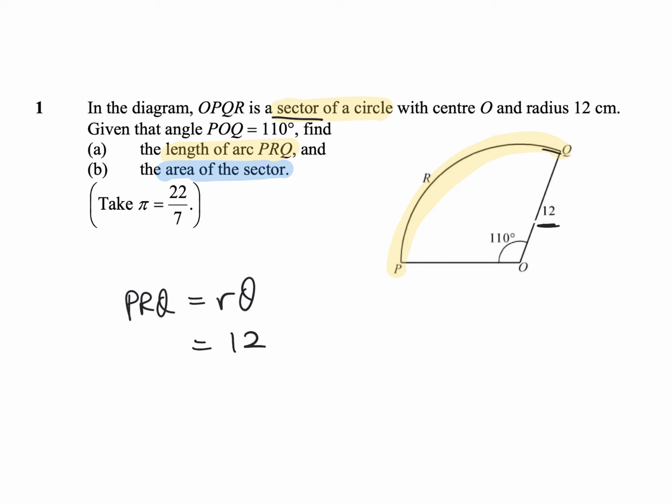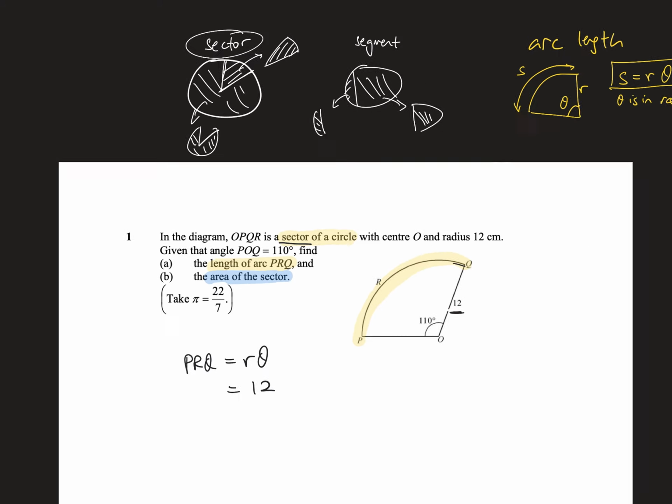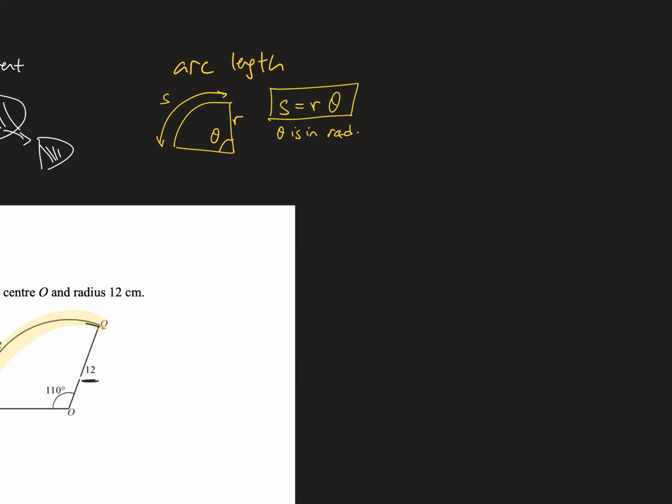Okay, we run into a problem now because theta is supposed to be in radians, but we have it in degrees here. So let me go through quickly how we convert degrees to radians. If you want to convert degrees to radians, let me just do it here. And so from degrees to radians, I always just remember this.